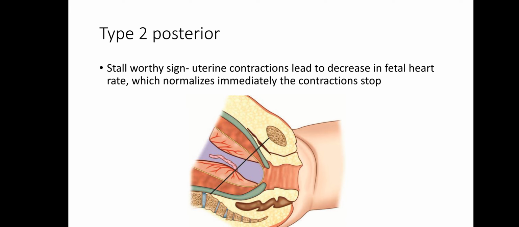When the placenta is compressed, the blood supply to the fetus reduces. So this will produce the Stallworthy sign, which means that uterine contractions lead to a decrease in fetal heart rate, which normalizes immediately when the contraction stops. The decrease in fetal heart rate is because of the compression of the placenta between the fetal head and the sacral promontory.